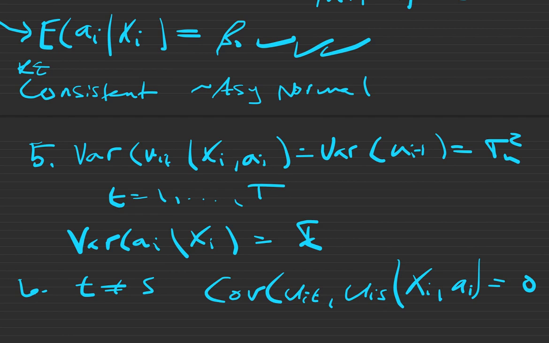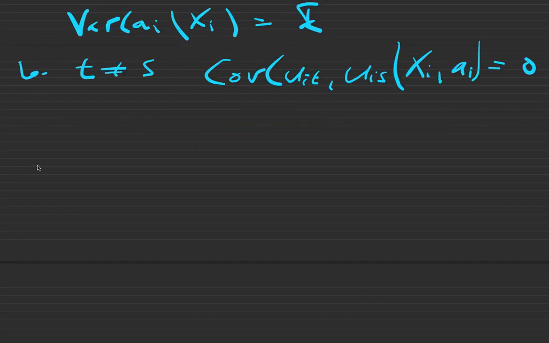So the 5th and 6th assumptions get us exact t and f distributions, and under the 6 assumptions, random effects is much more efficient than fixed effects.